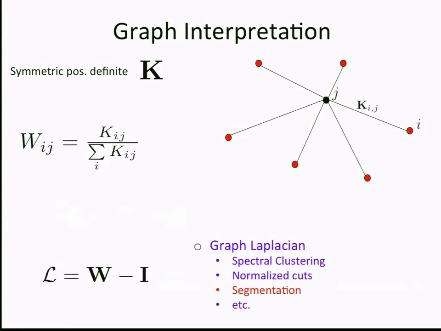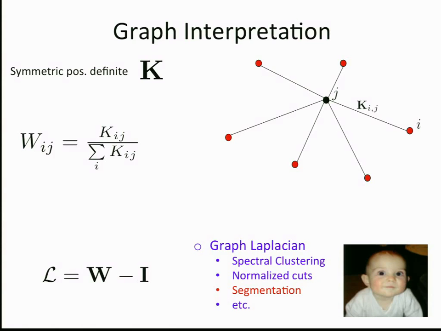So where does the graph interpretation come in? It turns out that if you take the matrix W and subtract identity from it, this is one of a few interpretations of what's called the graph Laplacian for this graph that I just constructed here. And if you've worked in computer vision or in machine learning, you know that the graph Laplacian has many interesting uses, including spectral clustering. You can use normalized cuts to do things like segmentation.